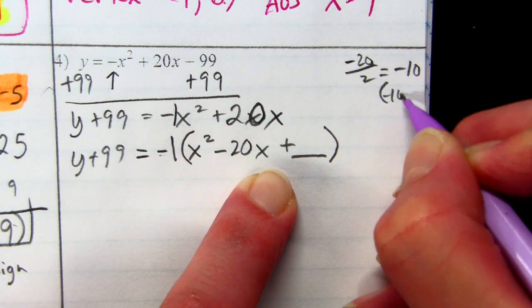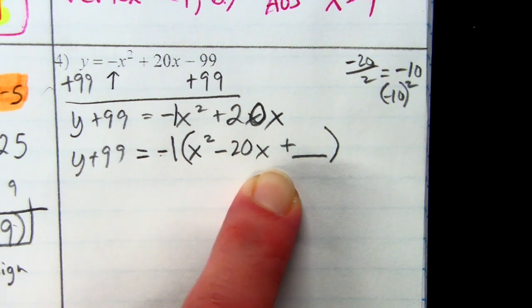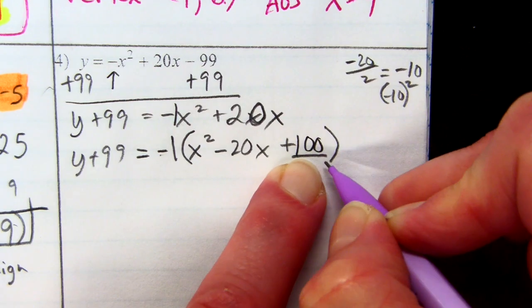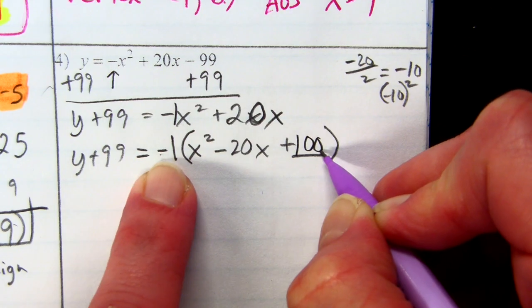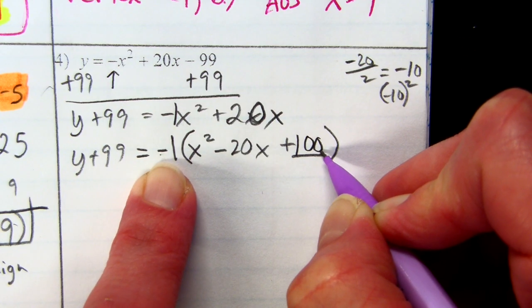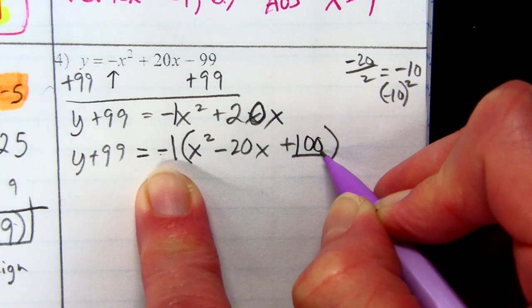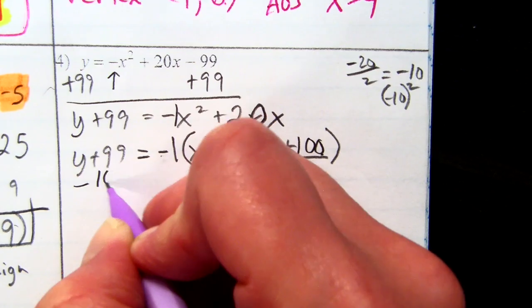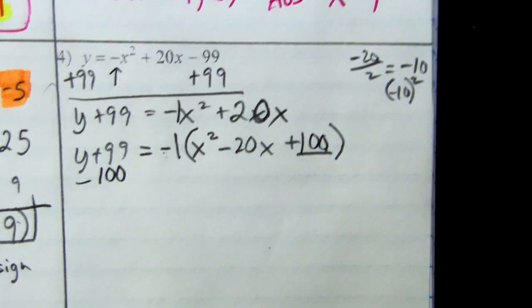And then -10 squared is -10 times -10, same signs, positive, so 100. But is it really positive? What would it be if I distributed this -1? Negative. So I'm actually subtracting 100 from this side, so I've got to subtract 100 from this side. That step messes a lot of people up. It is kind of complicated to think about.